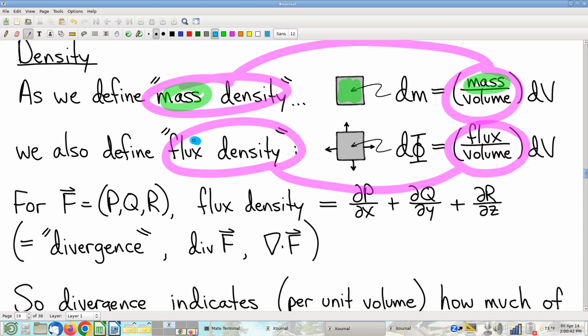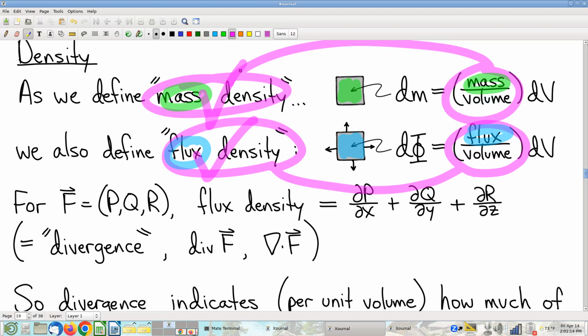And in perfect analogy, now instead of mass being my accumulating quantity, I'm going to look at flux in my region per unit volume. Said differently, this is what you multiply by volume to get flux. So, pretty natural terminology to call this flux density. Perfect analogy with the old familiar concept of mass density.